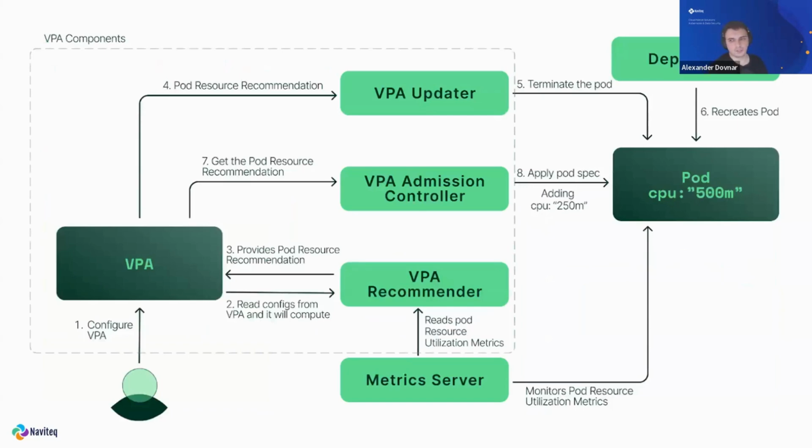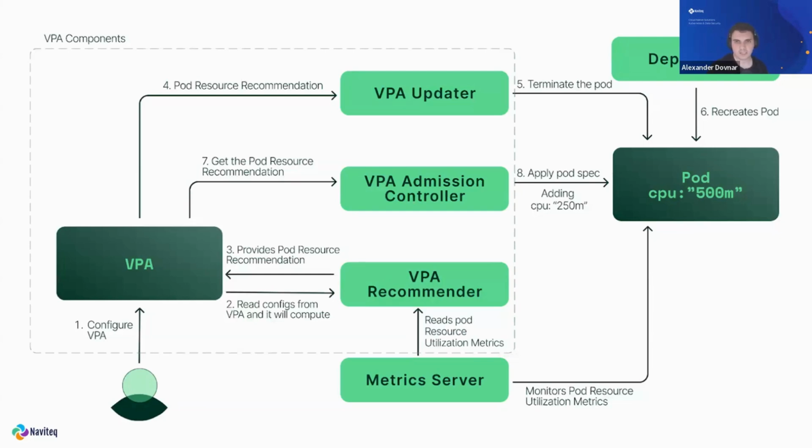The metrics server collects some usage, the recommender analyzes that. And if it sees some room for improvement, the recommender posts its recommendation in the definition of the object, and the updater can just ignore it if it's configured in off mode, or apply those changes automatically.